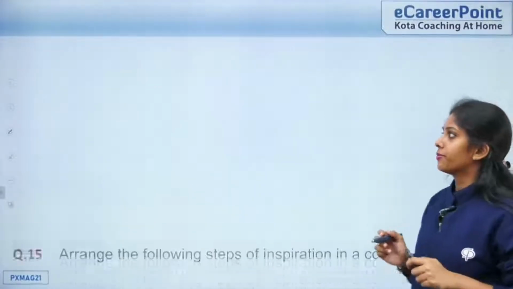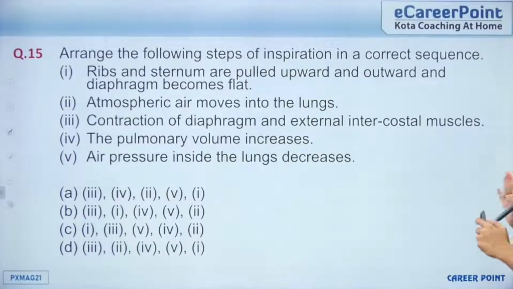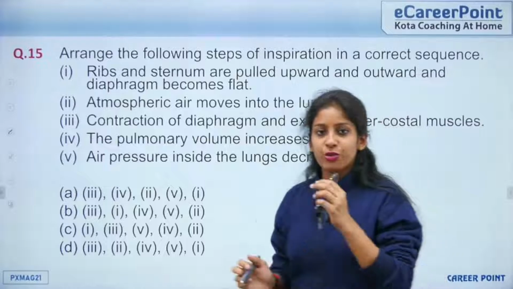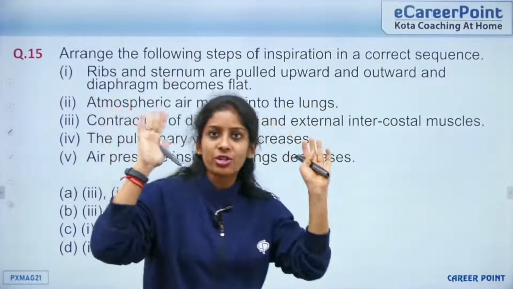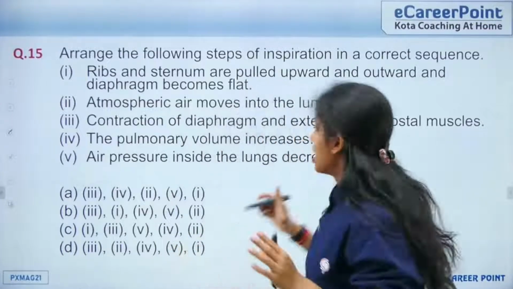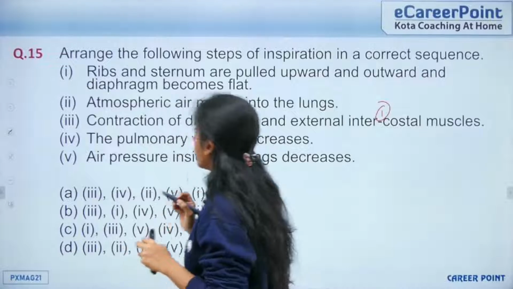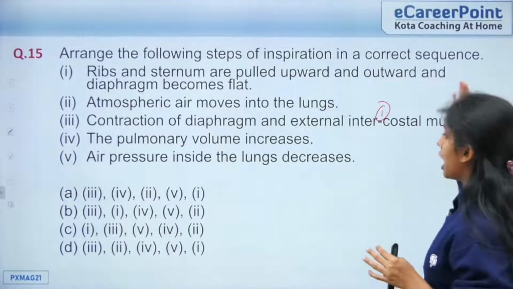Exactly the right one. Question 15, you have to arrange the order of respiration in the correct sequence. First it starts with contraction. If you've seen my Breathing and Exchange of Gases PPT, we have the slide, right? Where inspiration starts, it starts with the contraction. So the process starts with 3. Once it starts, then the ribs and the sternum are pulled upward.